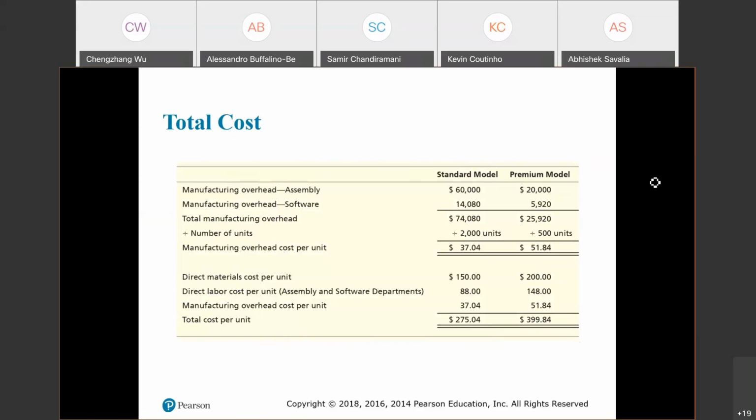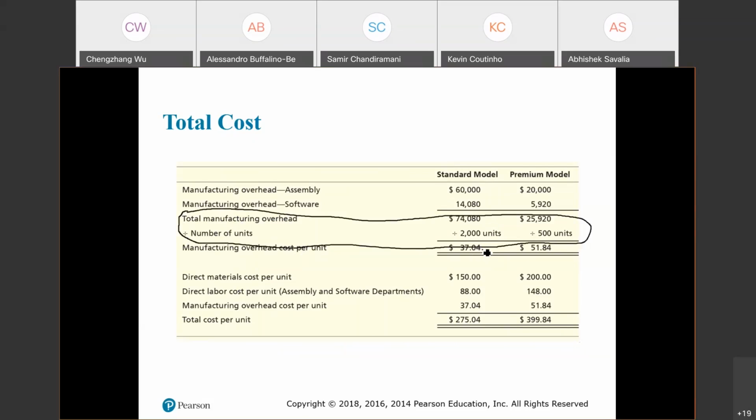This is the sheet for the overhead allocation. This is the previous step, this division, the previous step to calculate the manufacturing overhead cost per unit.